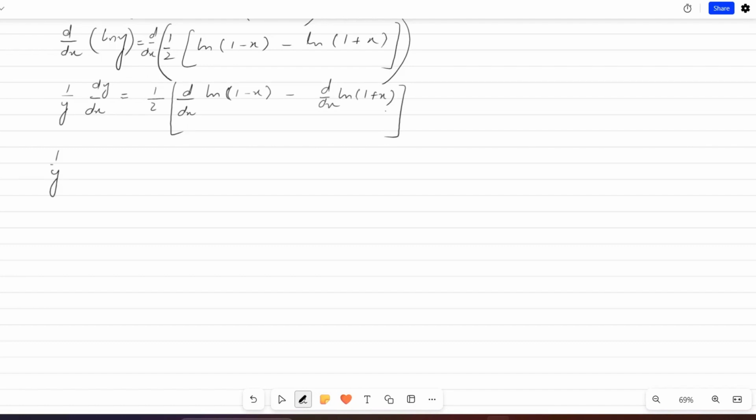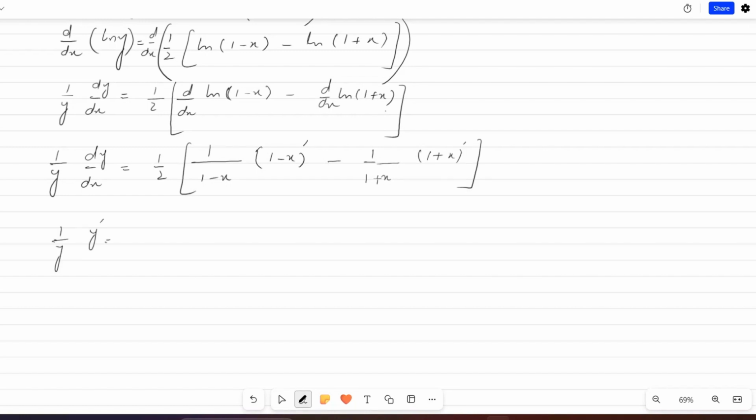So 1 upon y dy by dx is equal to 1 upon 2 [1 upon (1 minus x), and the derivative of 1 minus x, minus 1 upon (1 plus x), and the derivative of 1 plus x].